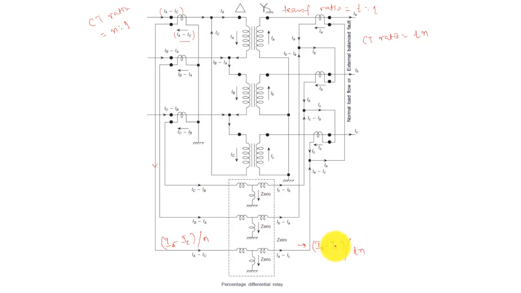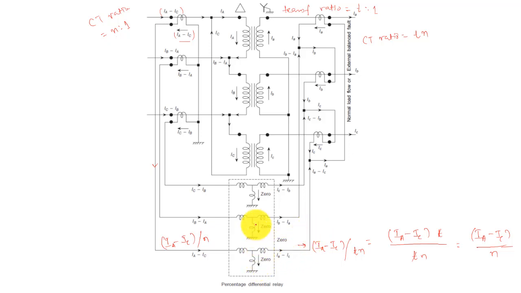Ia minus Ic converts to the primary side current, so it is equal to Ia minus Ic into T by Tn. It gets cancelled and becomes Ia minus Ic by n, which is equal. So the current coming here is Ia minus Ic, and the current flowing here is also Ia minus Ic.